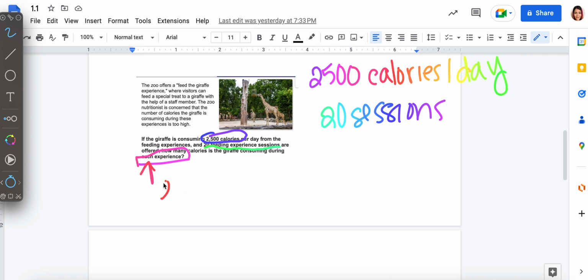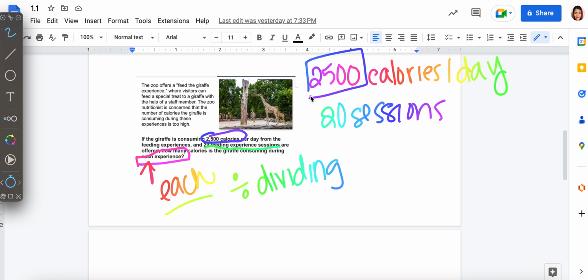This word right here, each, tells you that we're going to be dividing. Plus, we are given the total each day, so we know we're not going to add. And then we're given the number of sessions, and we're saying each session. So we know that we're going to divide.